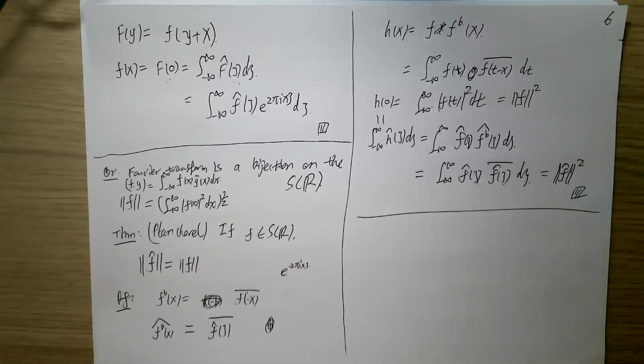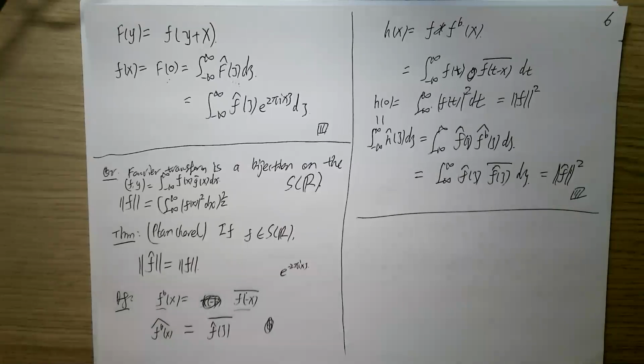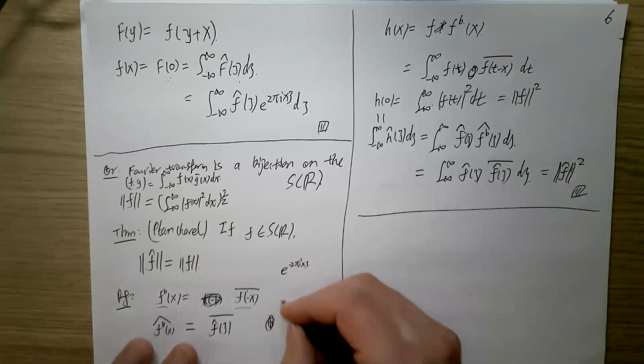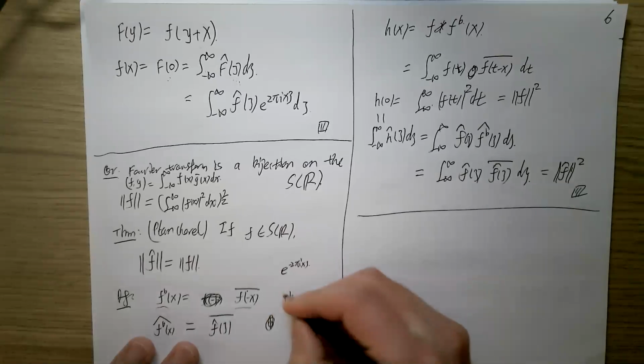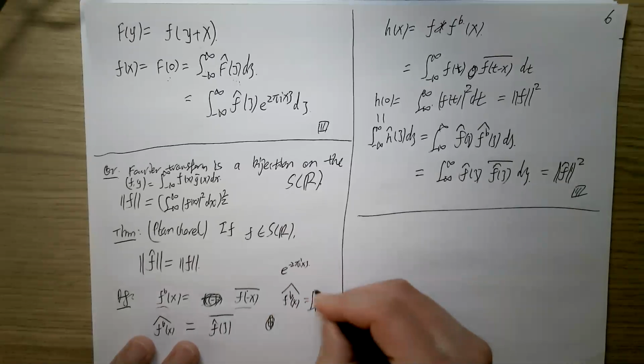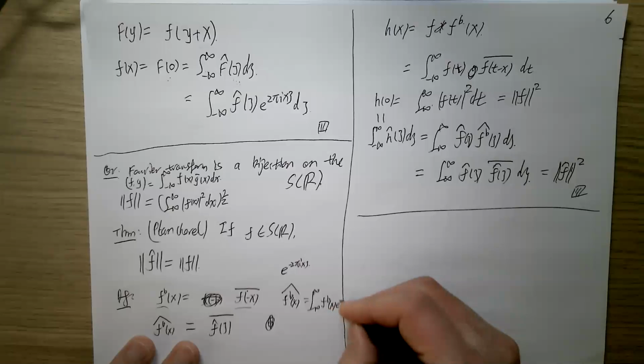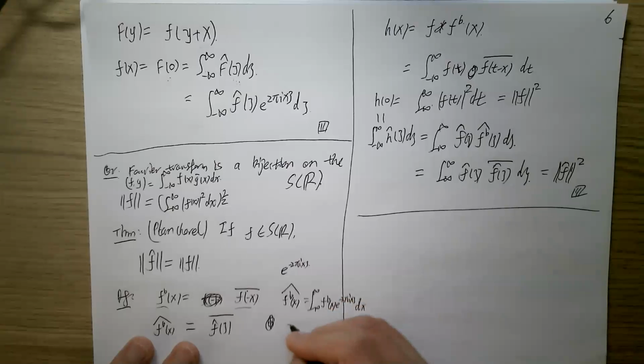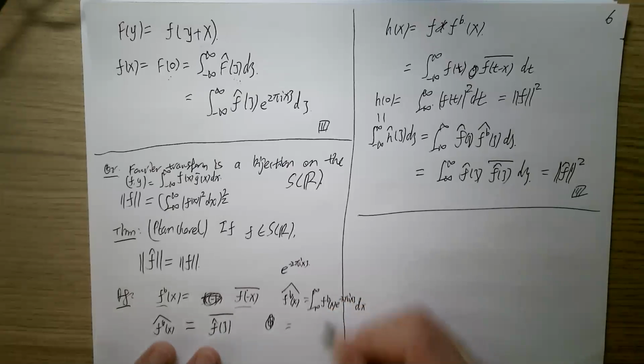Question? Sorry to interrupt, but I don't quite catch what is going on here from the f bar of x. Here, right? Yeah. So you see, if you take the Fourier transform, it's the integral from minus infinity to infinity of f bar of x, e to the power minus 2 pi i x ξ dx, right? And what is f bar of x?